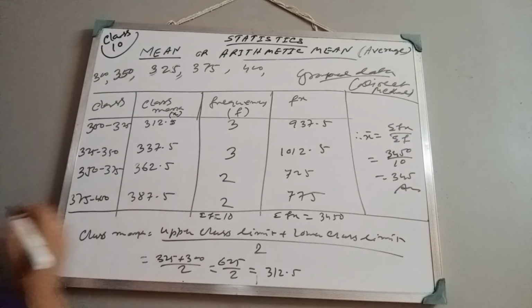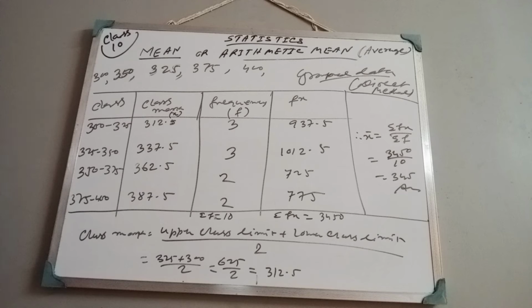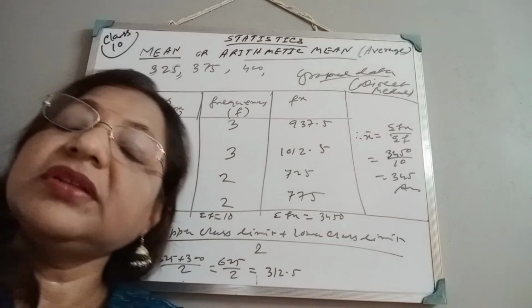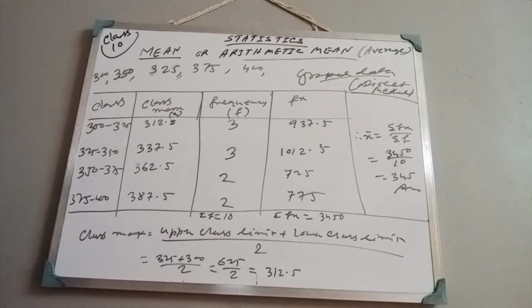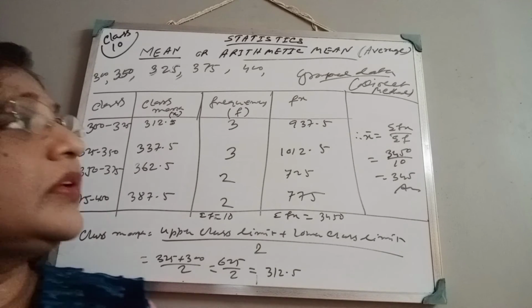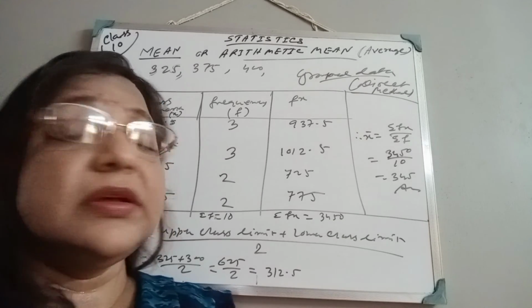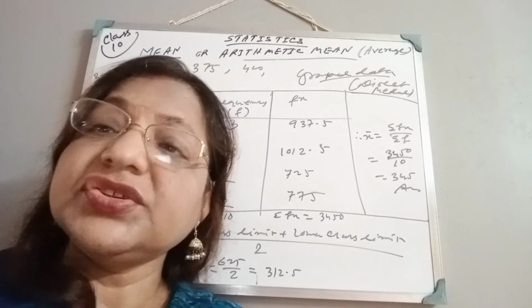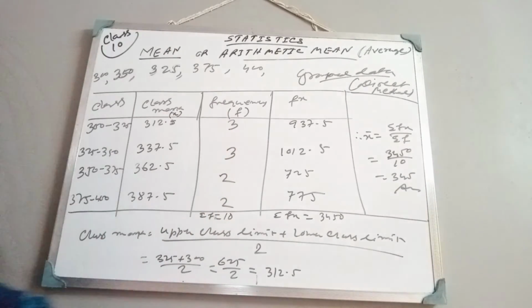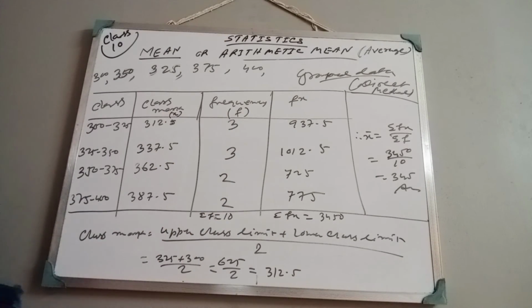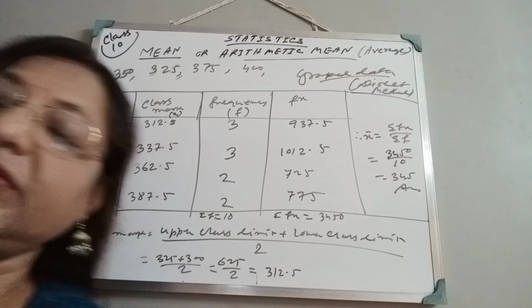This is the answer, the arithmetic mean by direct method. In your question, don't worry, the method will be mentioned. If no method is mentioned, you can apply any method, whichever is easier for you.